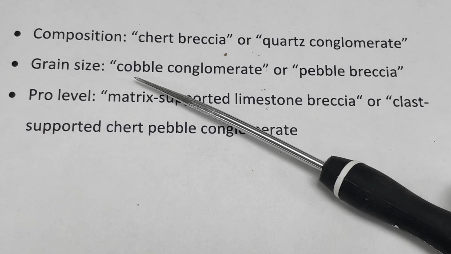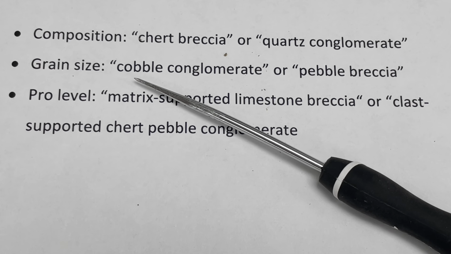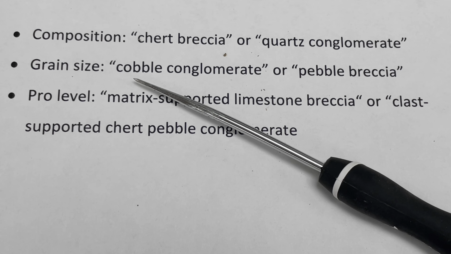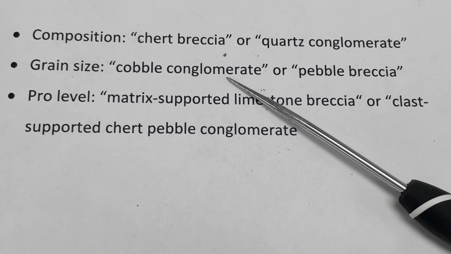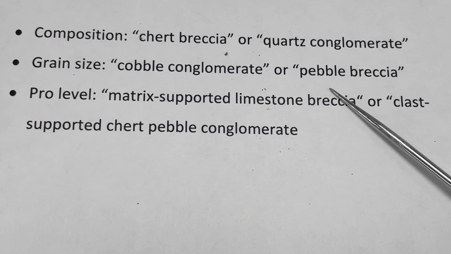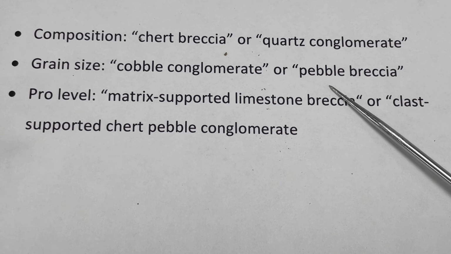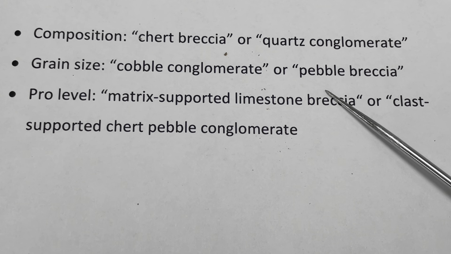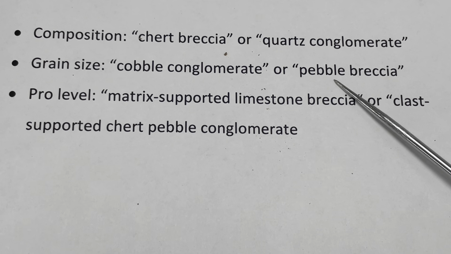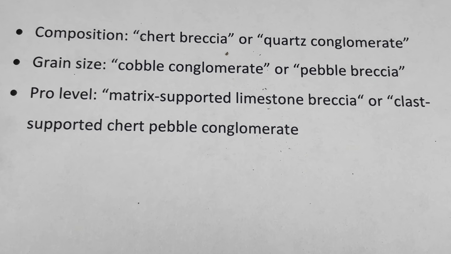So if it's mainly cobble-sized particles, maybe like softballs and bowling balls, you might call it a cobble conglomerate. Or if you had a breccia with mostly smaller particles, maybe marble size or something, you could call it a pebble breccia. So there are just ways to be more descriptive.